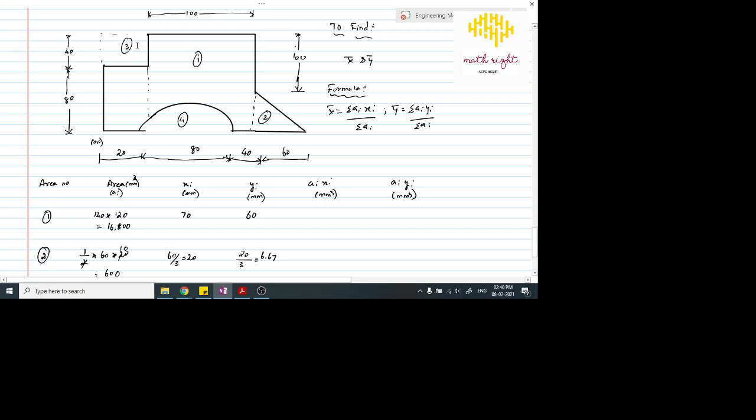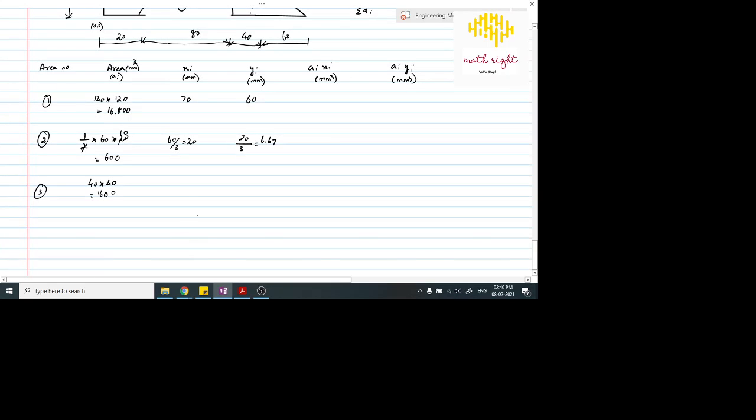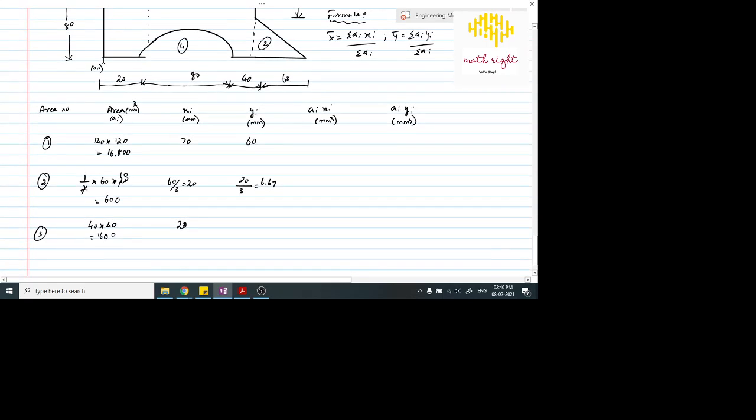Similarly, what is the width here? 40. x is equal to 40 by 2, that is 20, since it is from the origin itself. So I am writing here 20. y is also 40 by 2, that is 20, but from the origin it is 80, so the y value is 100.